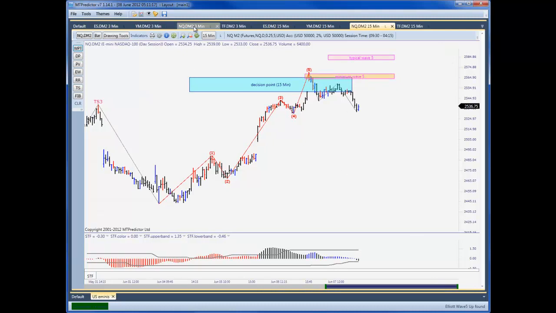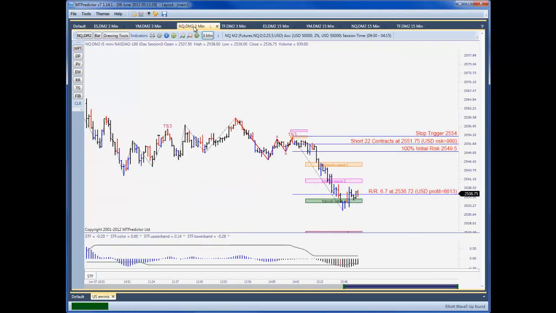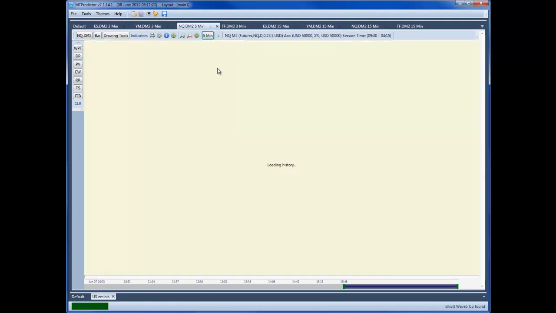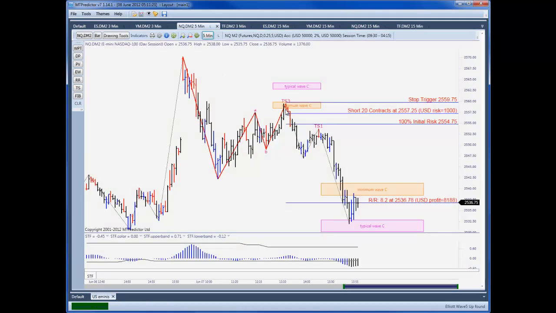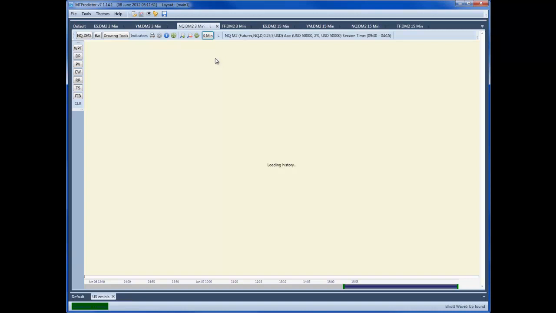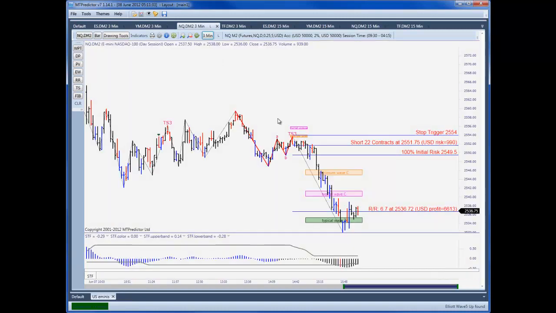We then looked for short trades because of that, and as we've already seen, we had a good trade on the 5-minute NQ. Here's a short on the 5-minute NQ down into the close for 8.2R. We then pyramided for an additional short trade off this TS3 sell here for an additional 6.7R.